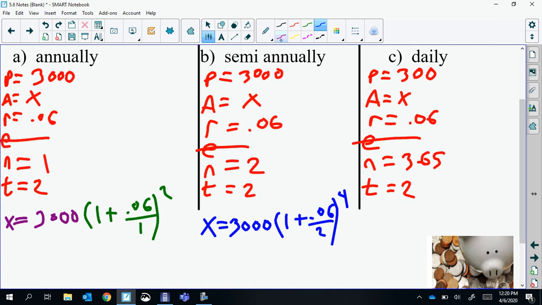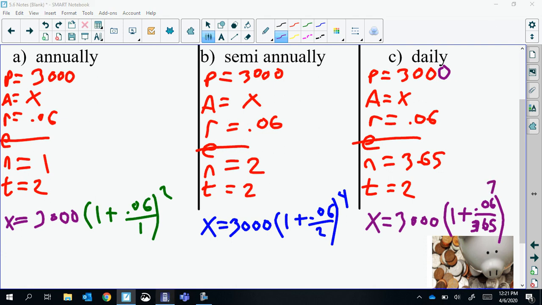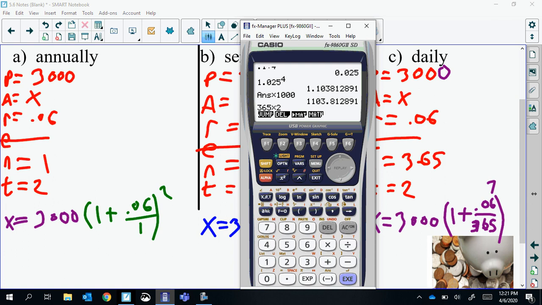And our last one, A equals P. Whoops, I'm missing a 0 here. 1 plus R over N. N is now 365. And then our exponent is N times T. So 2 times 365, $730.